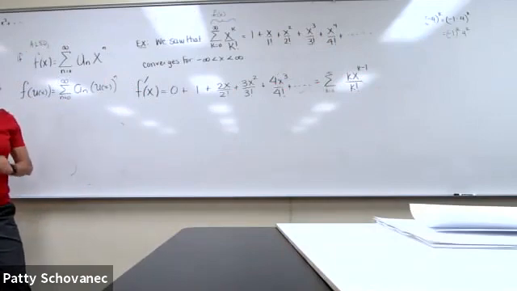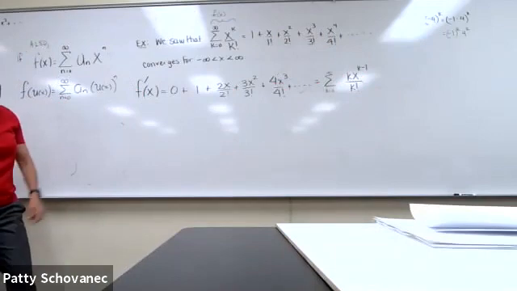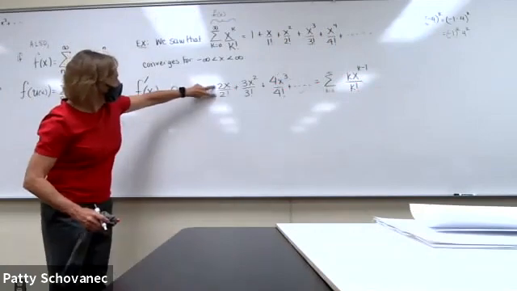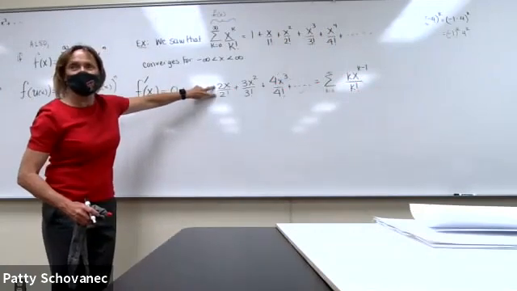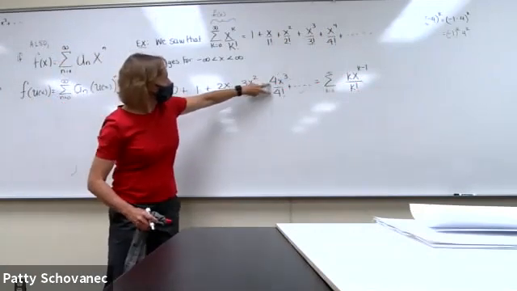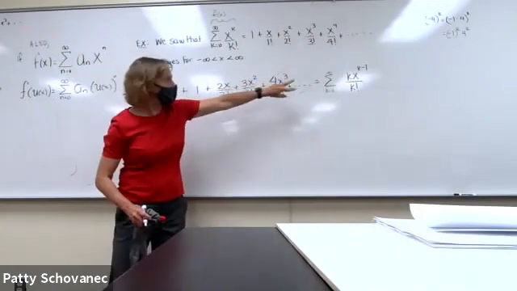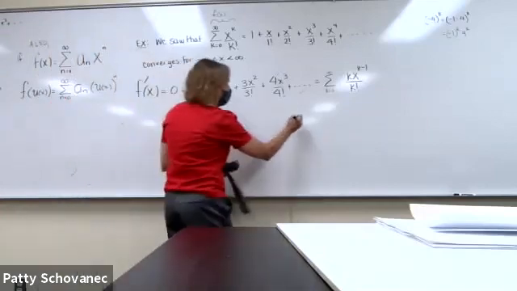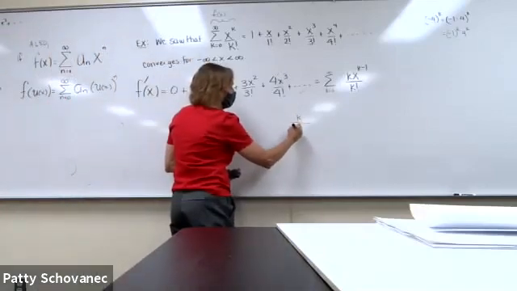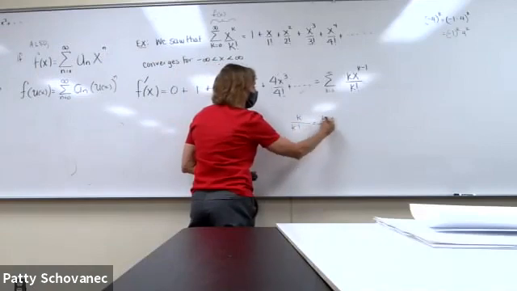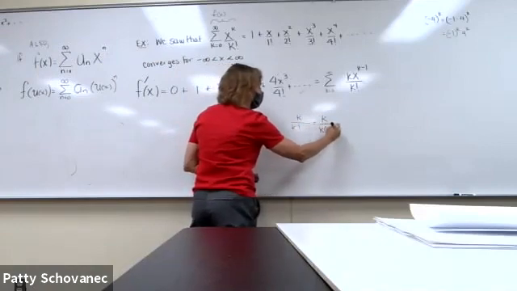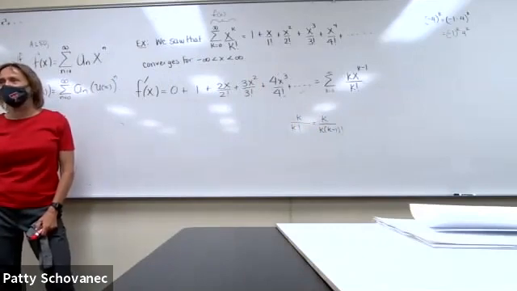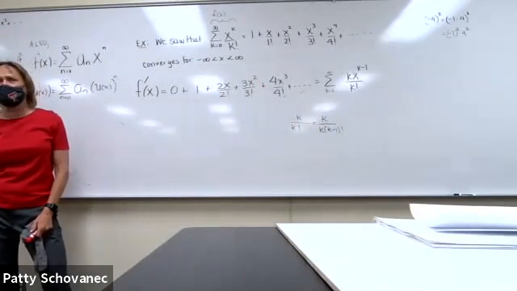Now I want you to look at this more closely. What happens with 2 divided by 2 factorial? 4 divided by 4 factorial. K divided by k factorial. Right? Do you agree with that? The k factorial is the same as k times k minus 1 factorial.